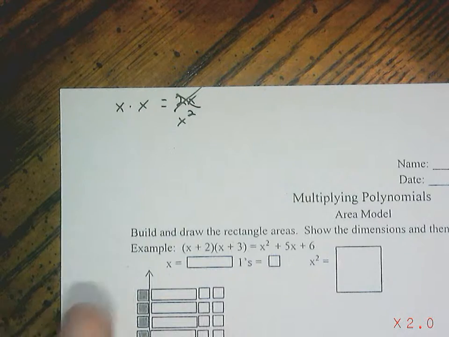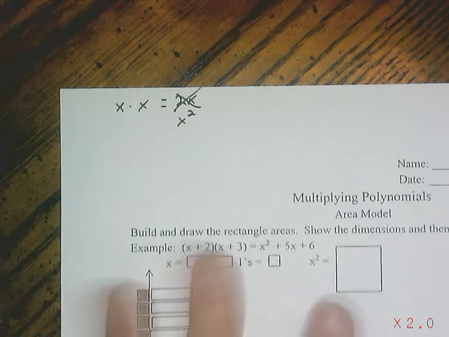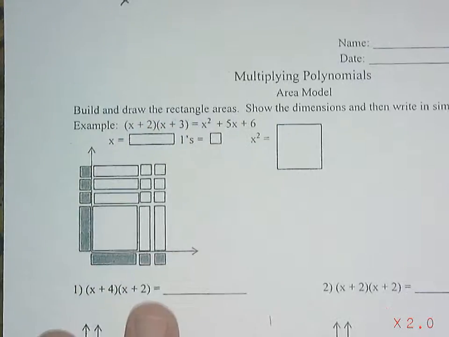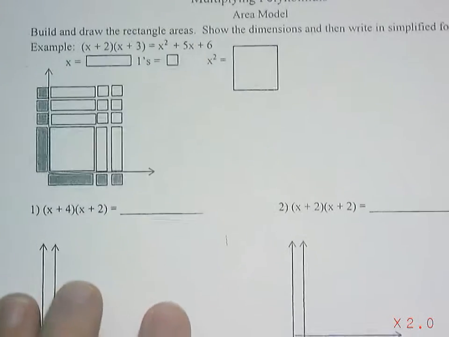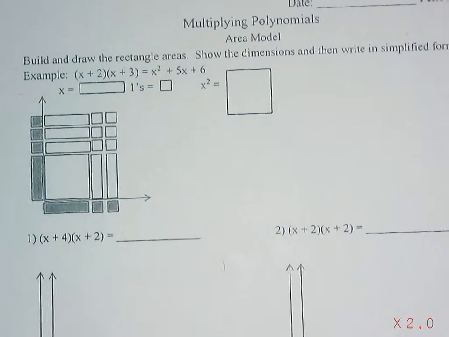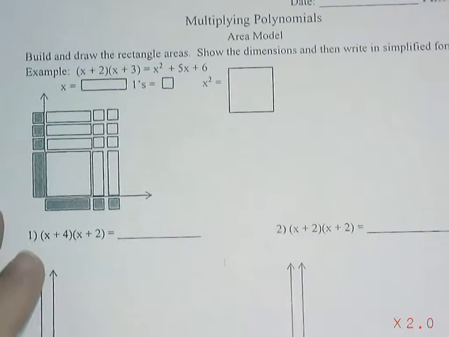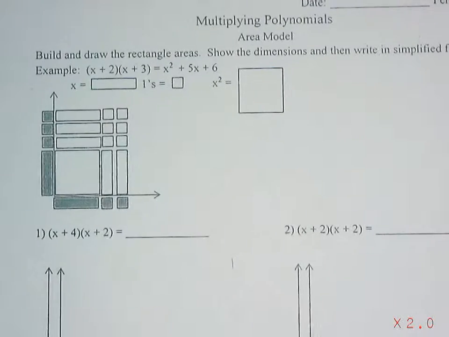Now, we're going to show you guys how to do the area model for doing this, and that could be a help to some. I'm going to show you just the distributive model first, so you guys can kind of see how this works and how the area model kind of makes it all tie together visually.